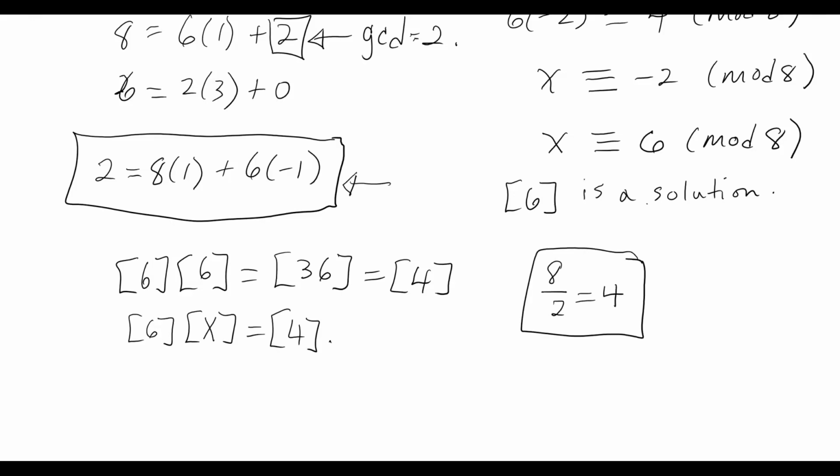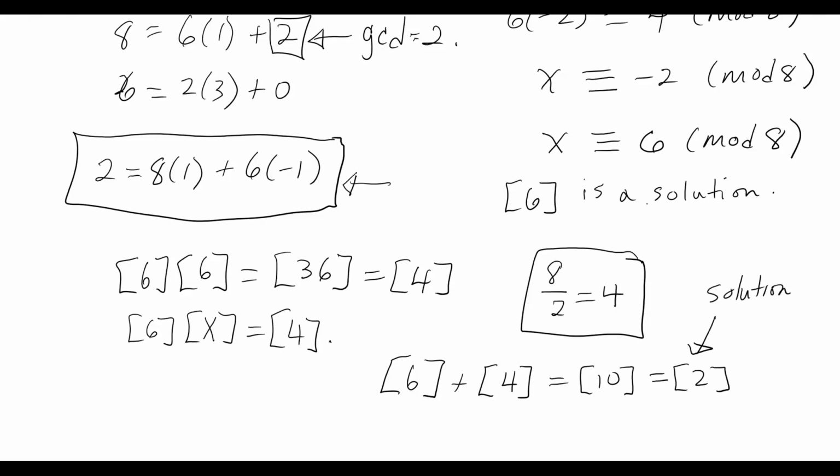If I add multiples of 4 to our x value, so in other words, if I take 6 and add to that a multiple of 4, the first multiple will be 4, I end up with 6 plus 4 gives me 10, which is congruent to 2. This is our second solution.